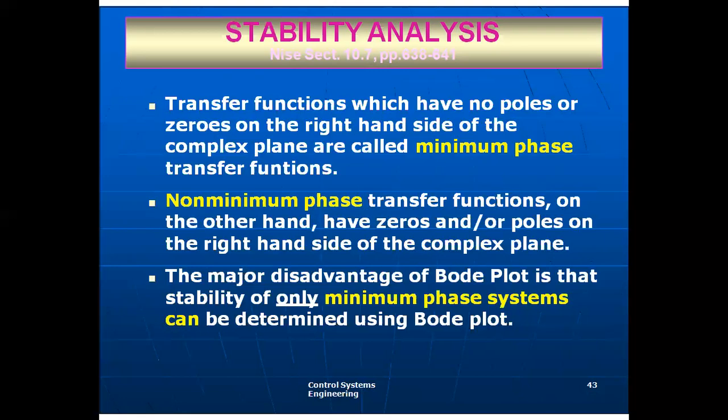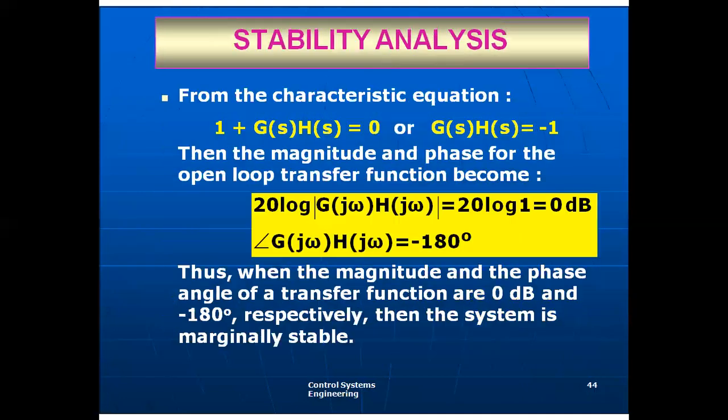If all the poles and zeros are on the left side, then the system is minimum phase. If the poles and zeros are located on the right side, that is called non-minimum phase. Normally this Bode plot is mainly used for minimum phase functions, that is, the poles and zeros located on the left side of the S plane.